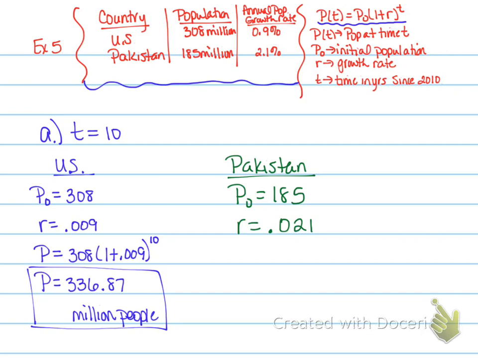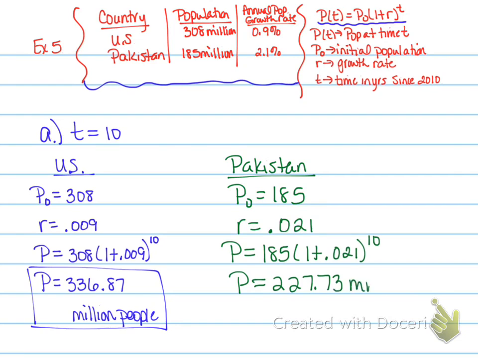And t is still going to be 10 years because we're still looking for its population in 2020. So we're going to plug into our equation. P equals the initial amount times 1 plus the growth rate raised to the time, which we know is 10. We're going to plug this into our calculators, and we should get approximately 227.73 million people.